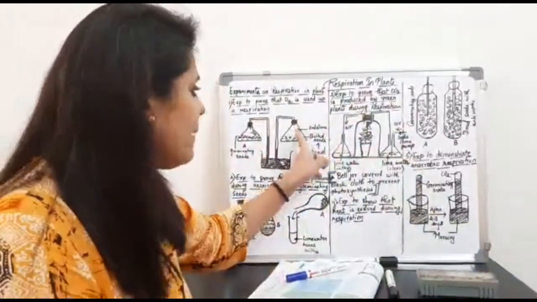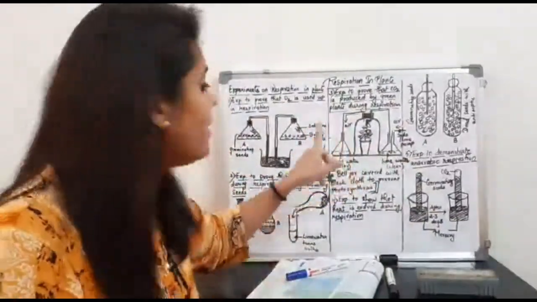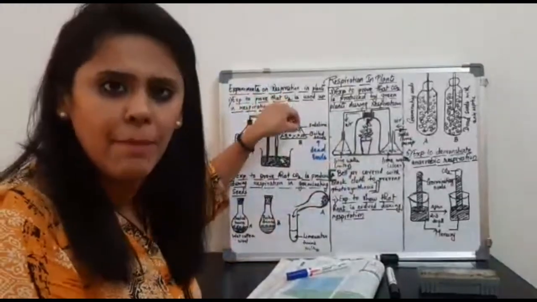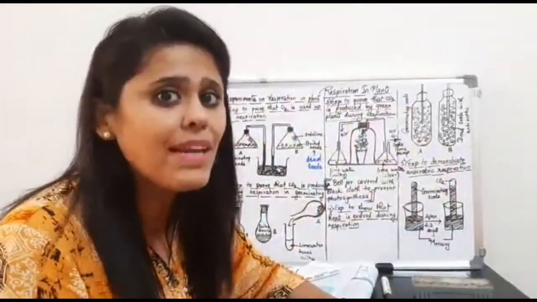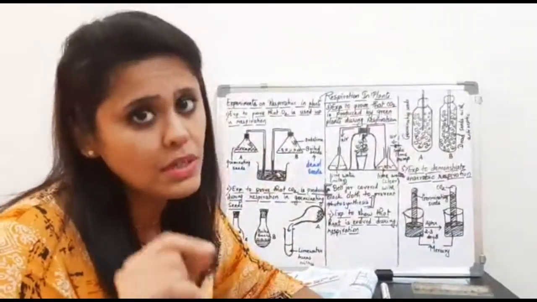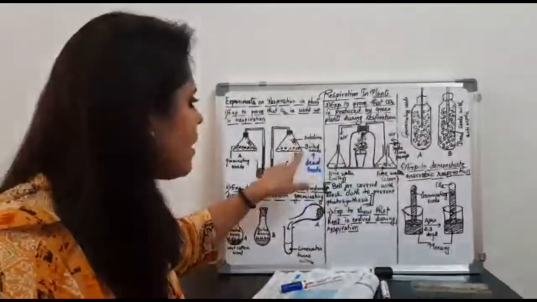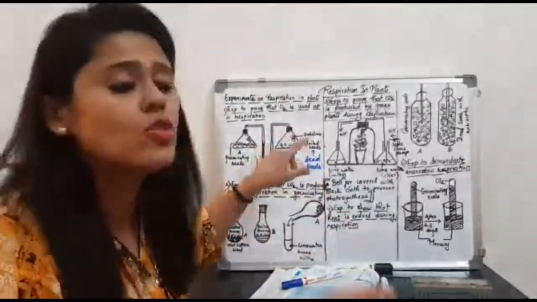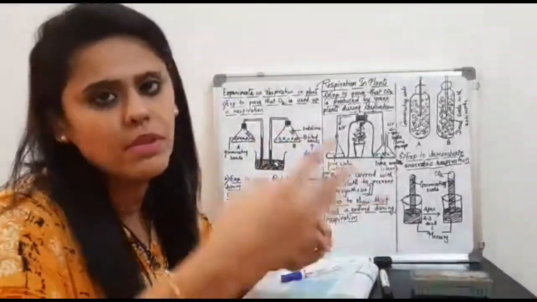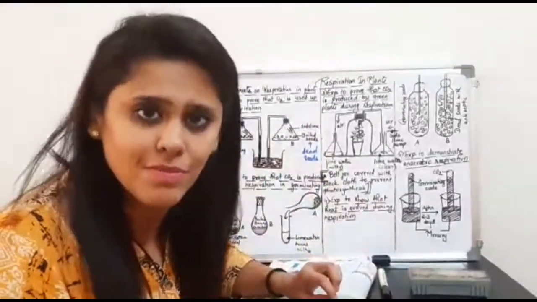But in flask B, it is noticed that when you put a burning paper, the paper is continuously burning. Why is that happening? That is because the only reason is, here, since there are boiled seeds, there is no carbon dioxide; the air inside is only oxygen. So the paper is continuously burning, right?